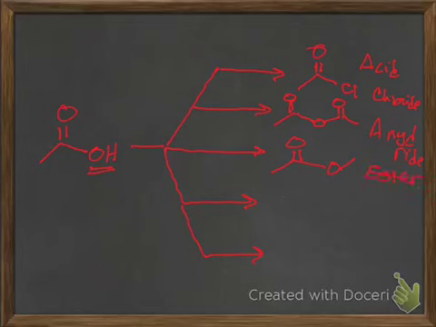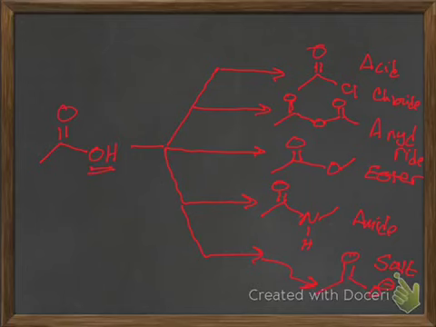Going down toward the bottom now, we've got this, which is the amide. And now at the very bottom, we have this. This is called the salt. So those are the primary functional groups that I'm going to require you to know.